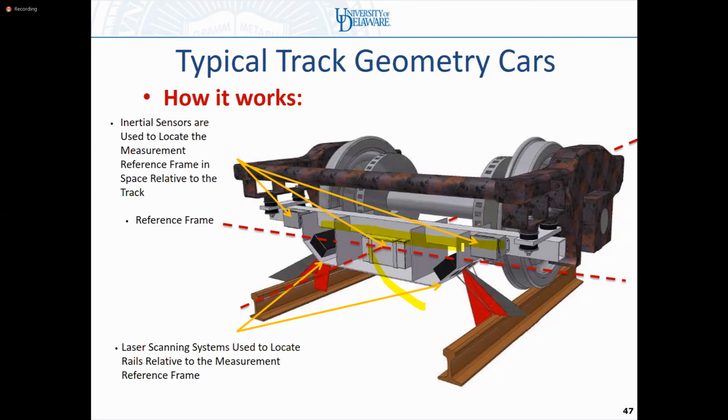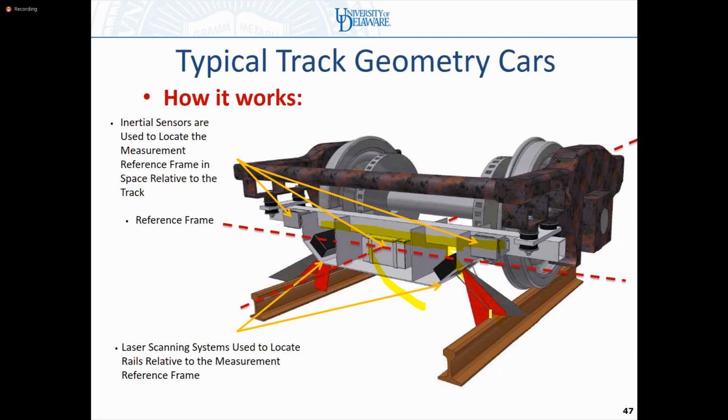Since the bogie can bounce with respect to the rail, it also uses lasers to get the exact distance between the bogie frame, the measurement frame, and the rail. The inertial sensors are integrated to give you a space curve, and the lasers give you the exact location of the rail with respect to the bogie, so you can locate the space curve accurately.